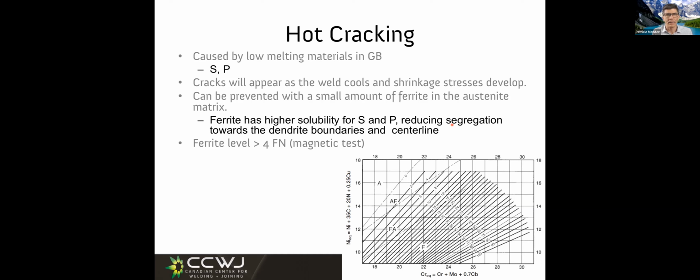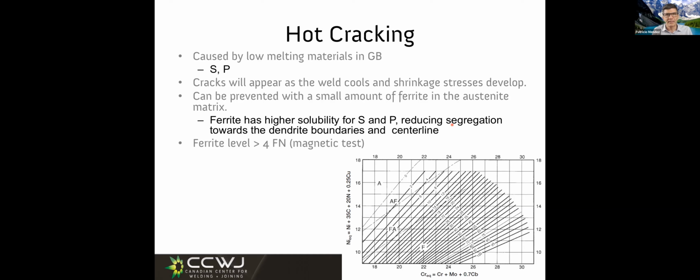In the end, I'm going to have something that is pretty much solid austenite and a liquid that is chock full of sulfur and phosphorus, causing a low melting temperature eutectic. And all the residual stresses during welding at that point just pull it open and there is nothing resisting it.